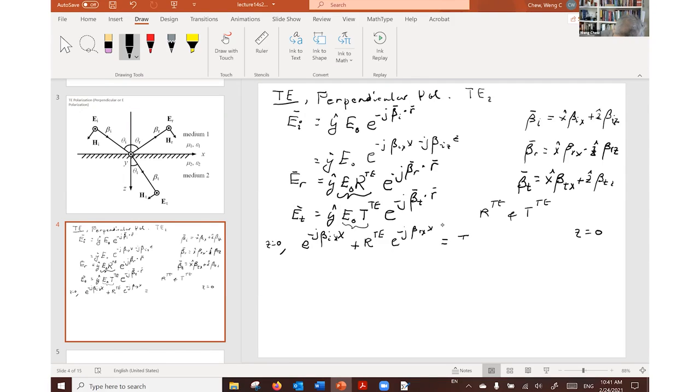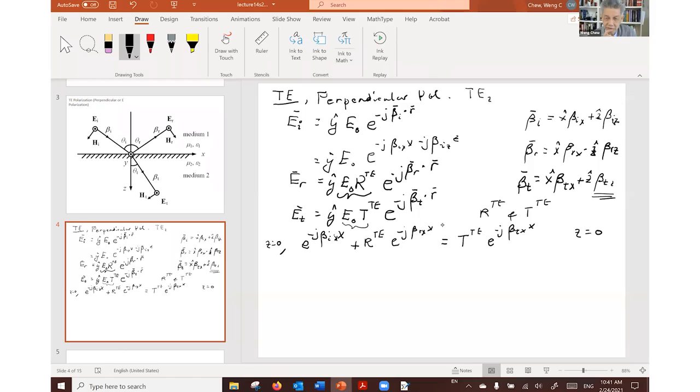I would do the same thing. E naught is common to all three expressions, so I don't have to write E naught down. And then I would write down the thing in the exponent now. Now I'm going to set Z equal to 0, so this term will disappear.